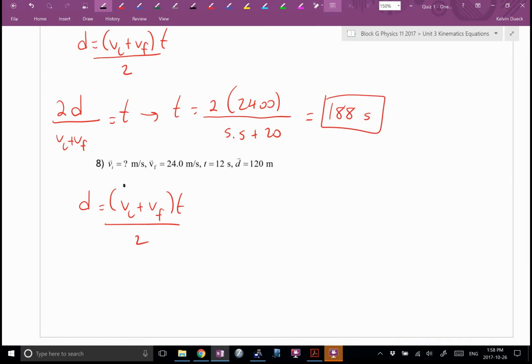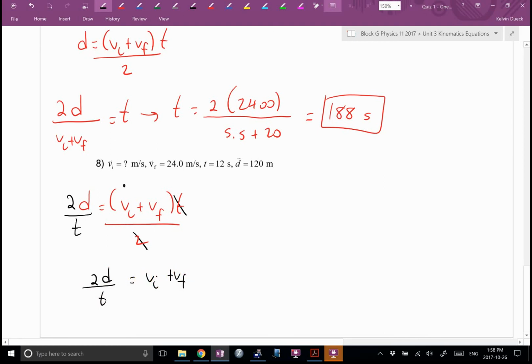We're going to do what's inside the brackets last. We're going to do our multiplying and dividing first. What I end up with is 2 times D over T, that equals VI plus VF.